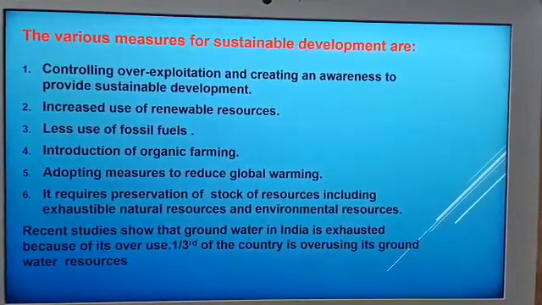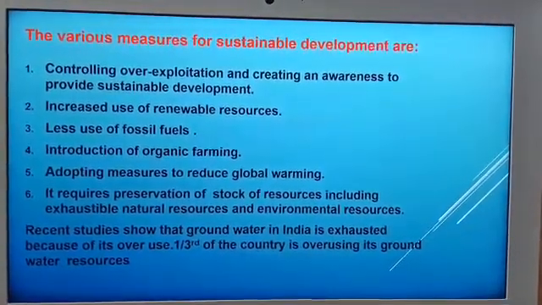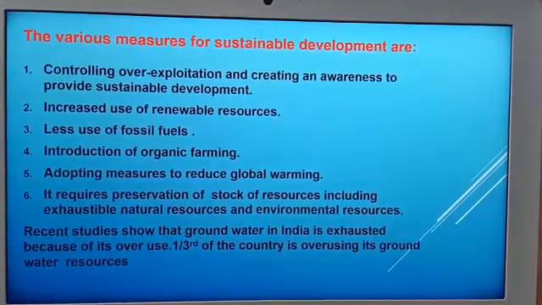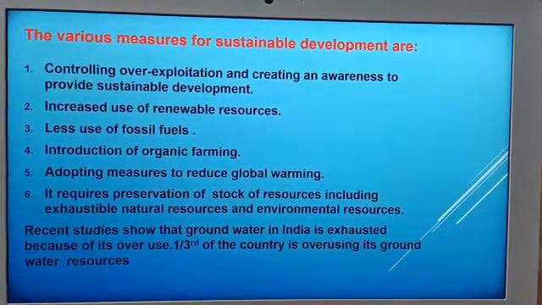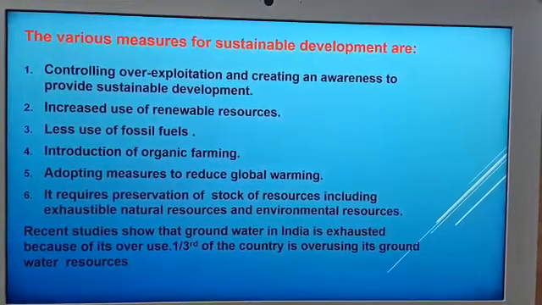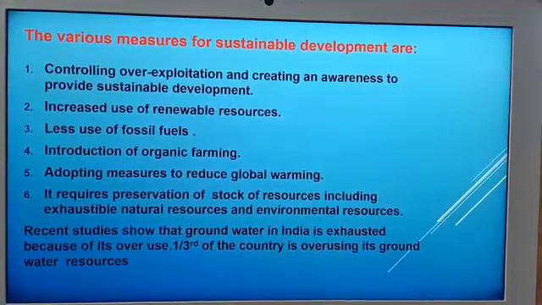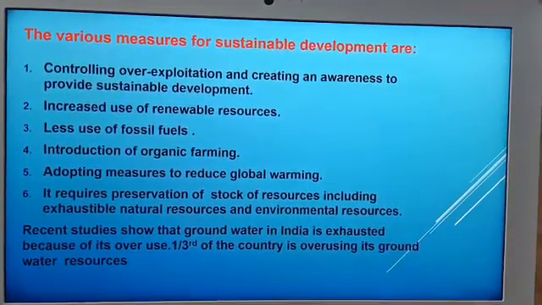Then, what are the various measures of sustainable development? From the slide, we can understand the various measures for sustainable development. First one, controlling over-exploitation and creating an awareness to provide sustainable development. Then, increased use of renewable resources. Third one, less use of fossil fuels.